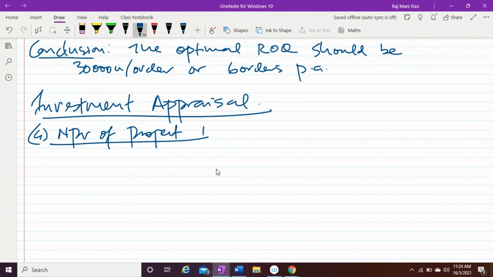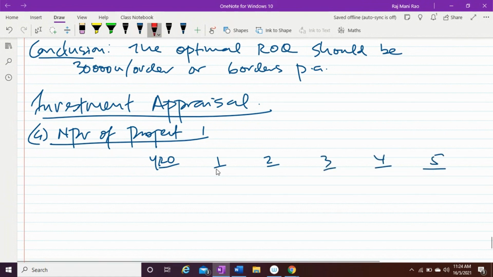How many years is this project? Four years. But we have one more year because tax is delayed.